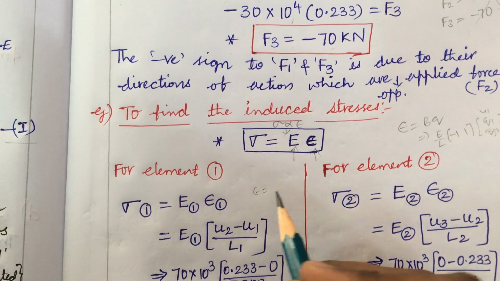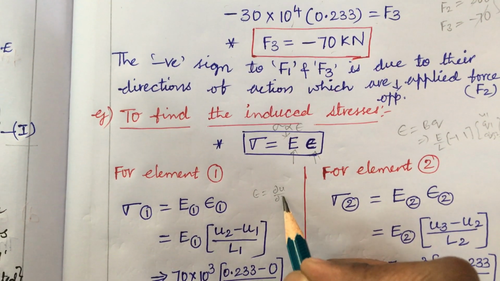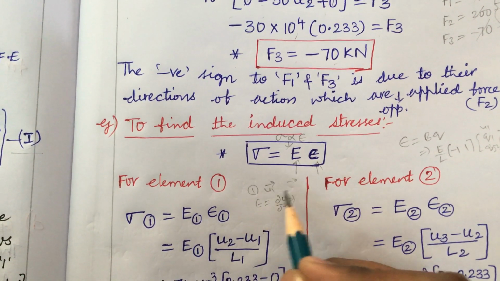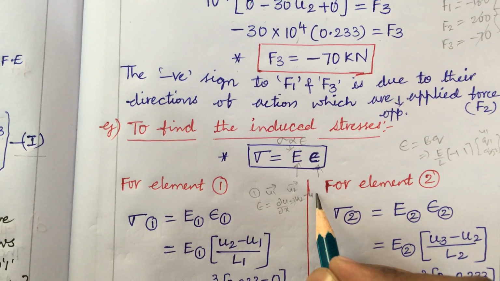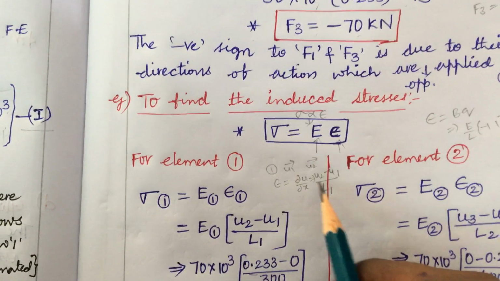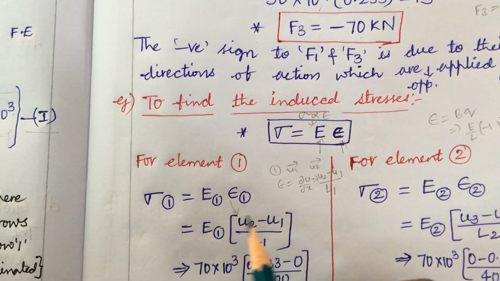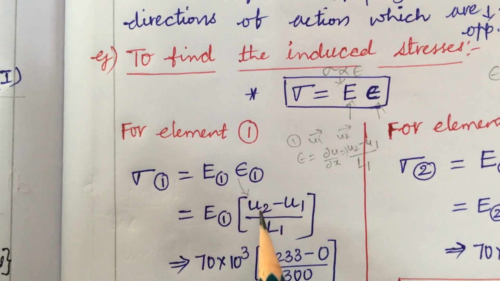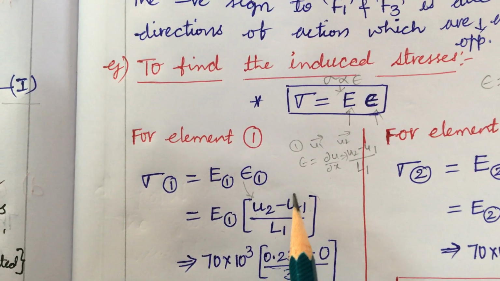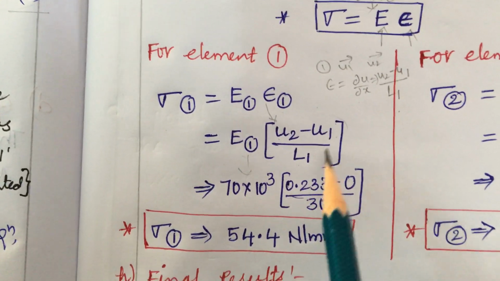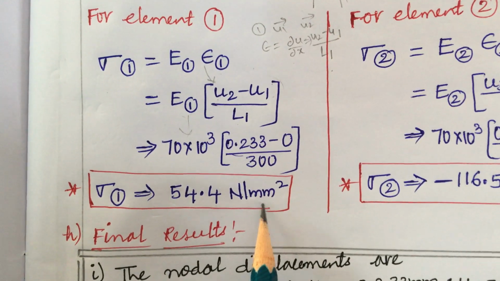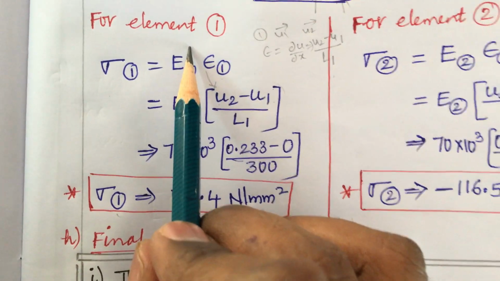Epsilon is dou U by dou X, the change in length by original length, which is U2 minus U1, since element 1 displacements are U1 and U2. After substituting these values, I found 54.4 Newton per mm square, the stress in element 1 for an aluminium bar.